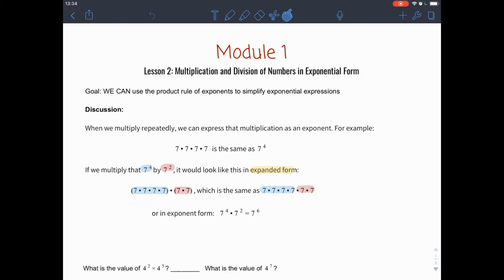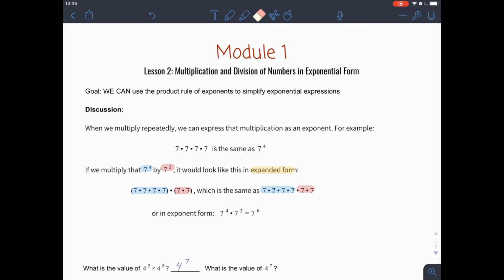So for example, if I had 4 to the 2nd power times 4 to the 5th power, then 4 to the 2nd power has 2 4s, and 4 to the 5th power has 5, so altogether that would be 7 4s. And if we wanted to find the value of 4 to the 7th power, we could just go into our calculator, use 4, and put in whatever our button for the exponent looks like.